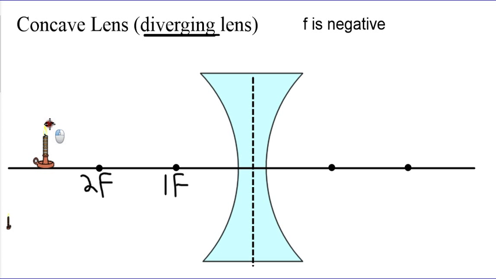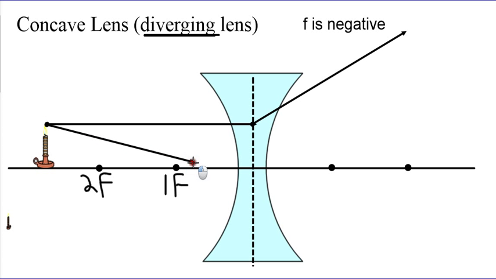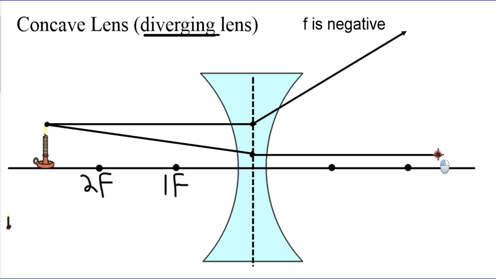So we have our line parallel, and again we go to the center, and in this case, because they're diverging lenses, these will diverge from the 1F. The next one is going to be going towards the other 1F because our focal length is negative, so we use this 1F, and then it refracts parallel.